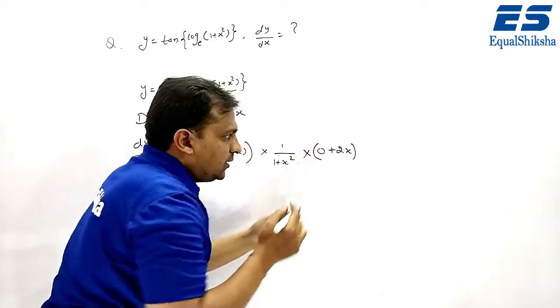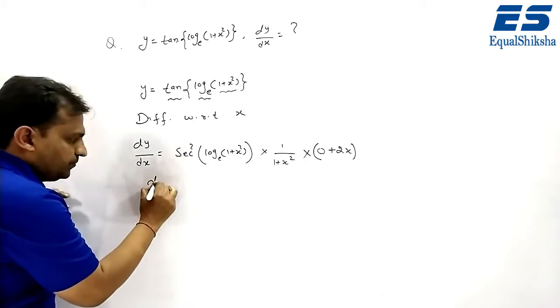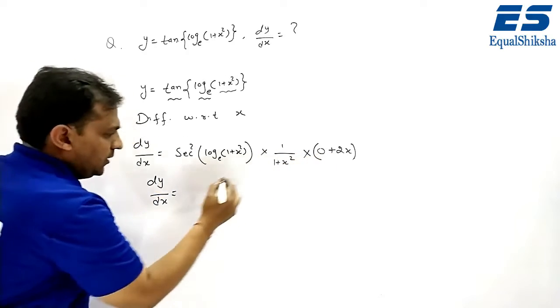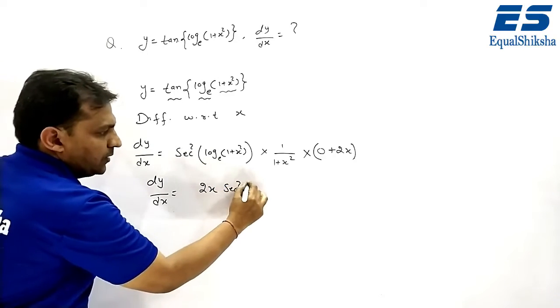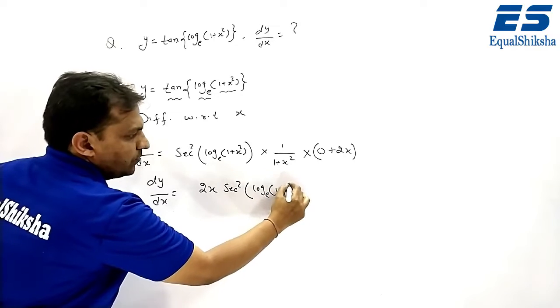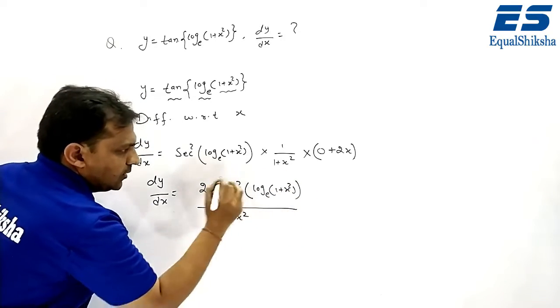From which formula? This will be from x to the power n. Now the final answer will be 2x sec square log e 1 plus x square upon 1 plus x square.